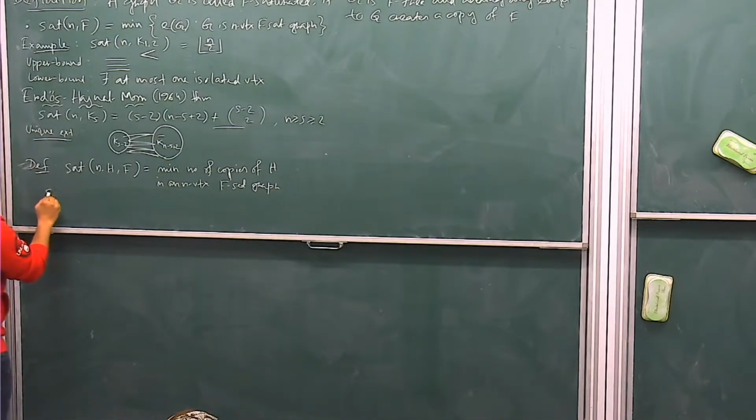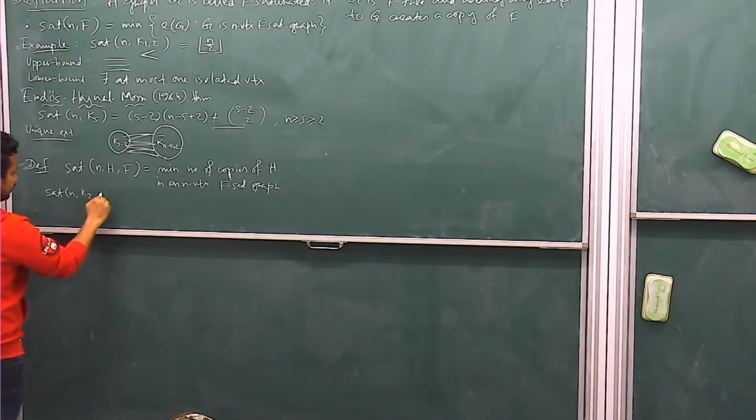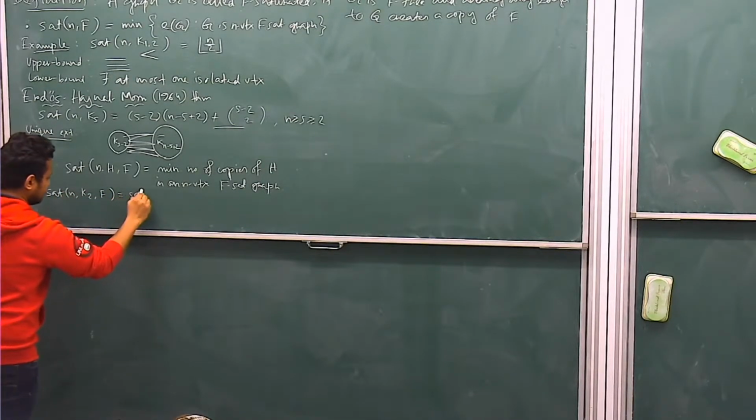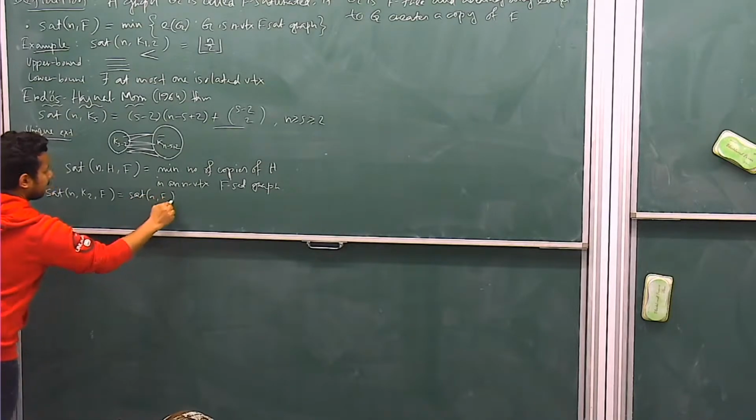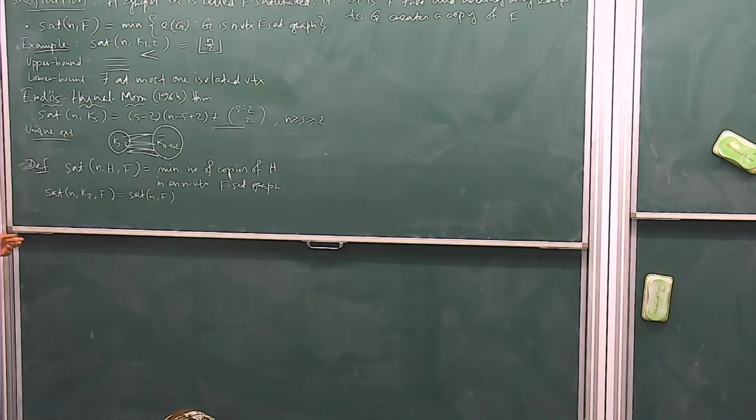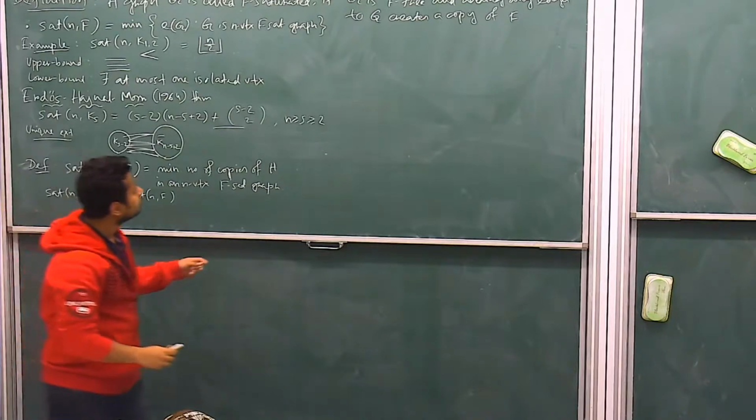By this definition you can see that sat(n, K_2, F) is nothing but sat(n, F). It is just counting the number of edges.